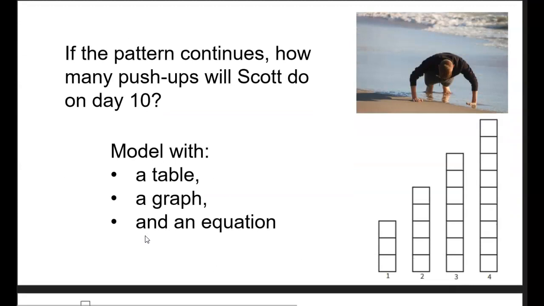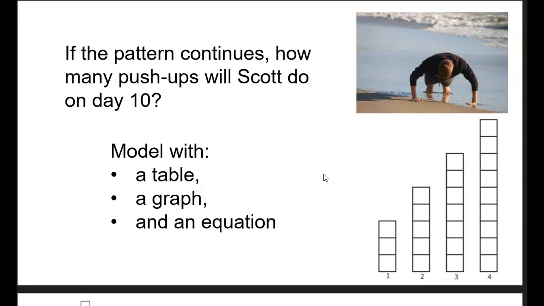If the pattern continues, how many push-ups will Scott do on day 10? And it says to model with a table, a graph, and an equation. Now this is interesting. We could write down the picture, right? We could just keep drawing boxes over here until we reach day 10, although that seems like it would take a while to draw those boxes. Maybe it might be faster with a table, a graph, or an equation.